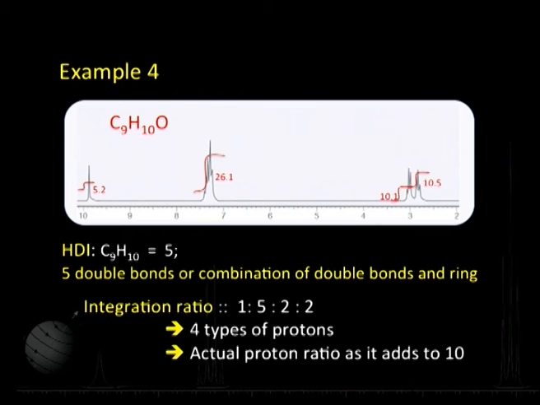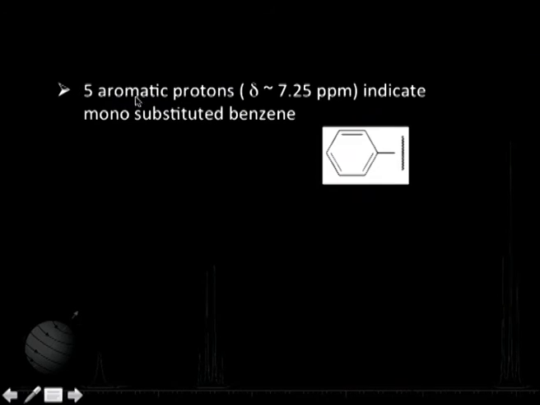Okay. Now, let us analyze these 4 signals and see what kind of information we can gather about the structure of the molecule. The most glaring, obvious one is that we have 5 aromatic protons, because there is a 5 proton signal at about 7.25 ppm, which is a very obvious indication that I am dealing with some kind of monosubstituted benzene.